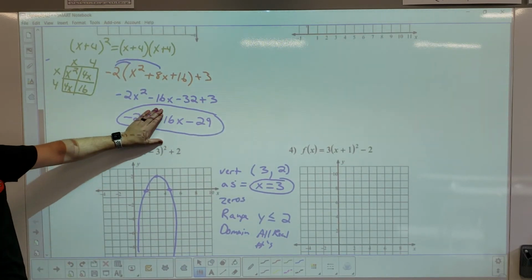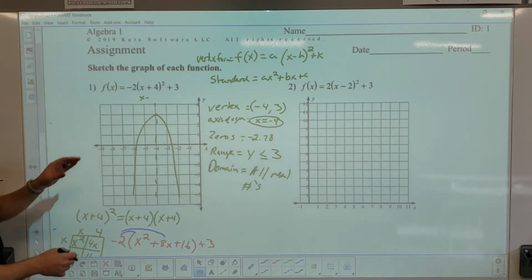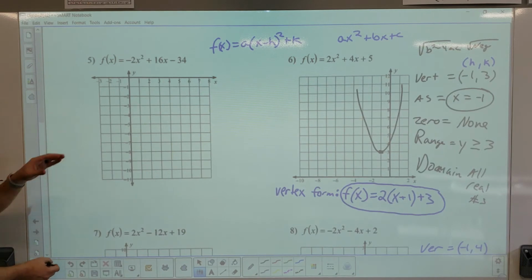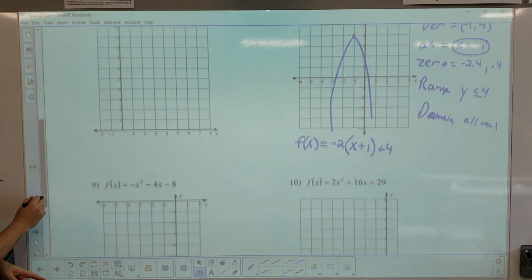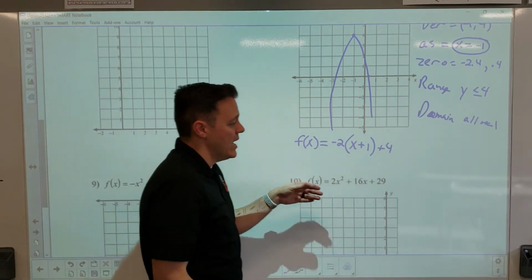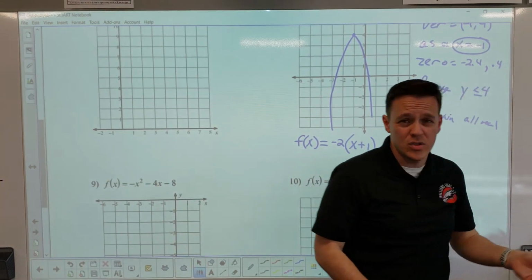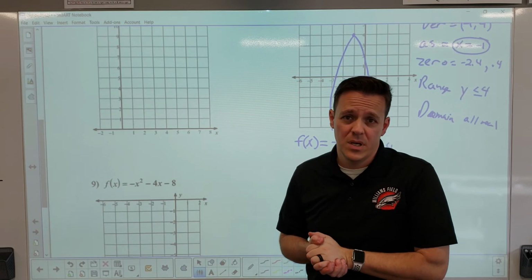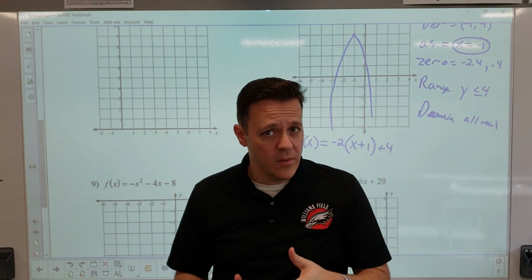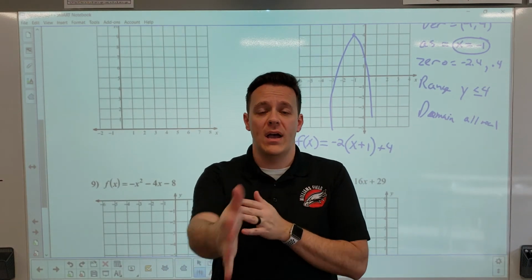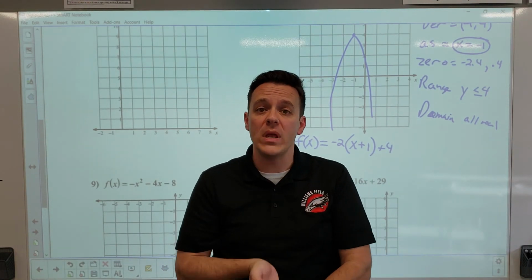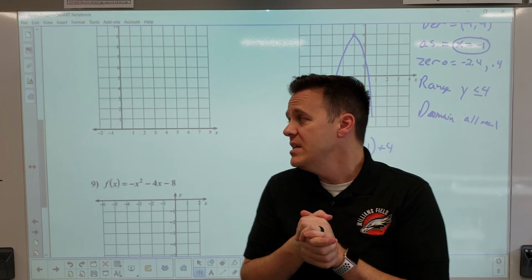Just convert them to standard form, and then on the next page, on 5, 6, 7, 8, 9, and 10, you go in there and change those to vertex form. You don't necessarily have to graph them, though it'd be helpful so you understand what the graph looks like, if you don't have this worksheet and you want to work on it over the weekend, because I had quite a few students out today on Friday.